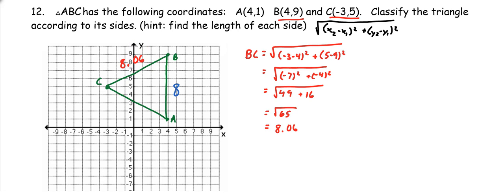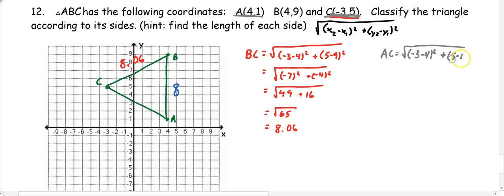And then I'm going to find my distance of AC. To find the distance of AC, I use my distance formula again. So I have point A and point C. I have -3 minus 4 squared plus 5 minus 1 squared. So we get (-7) squared plus 4 squared, which is 49 plus 16, which we should be noticing now is the same thing we had for BC.